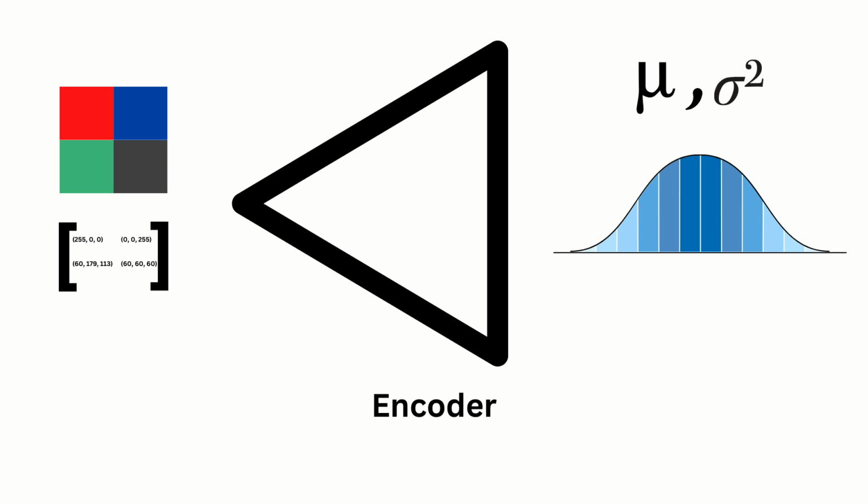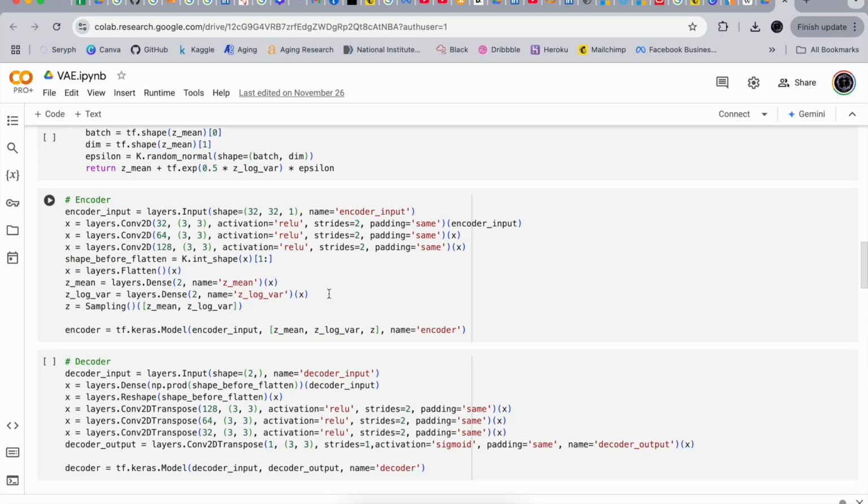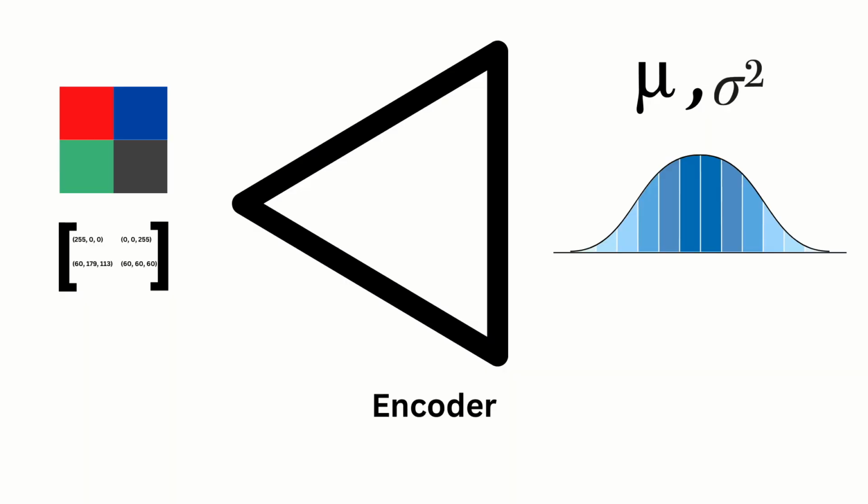If you look at this code right here, which I kind of appropriated from the book Generative Deep Learning by David Foster, great book, you can see this z-mean and z-log-var. It represents the mean and then the log of the variance of the normal distribution that you're mapping the pixels of the image onto. So the encoder, you map the image values to the normal distribution.